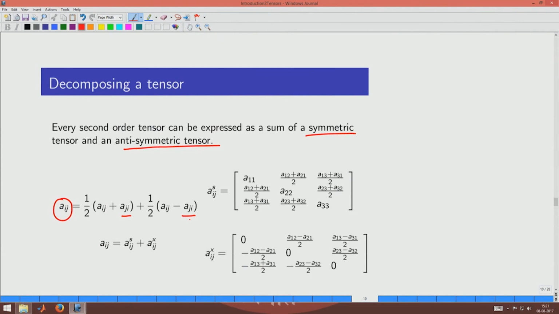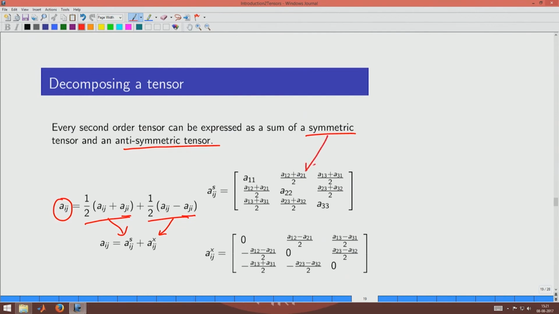So, we have not done anything to the tensor Aij, but you see that the first term here, okay, is the symmetric part and the second term here is the antisymmetric part. So, we can see that any tensor Aij can be represented using this kind of a summation, that it can be a summation of symmetric and antisymmetric parts.